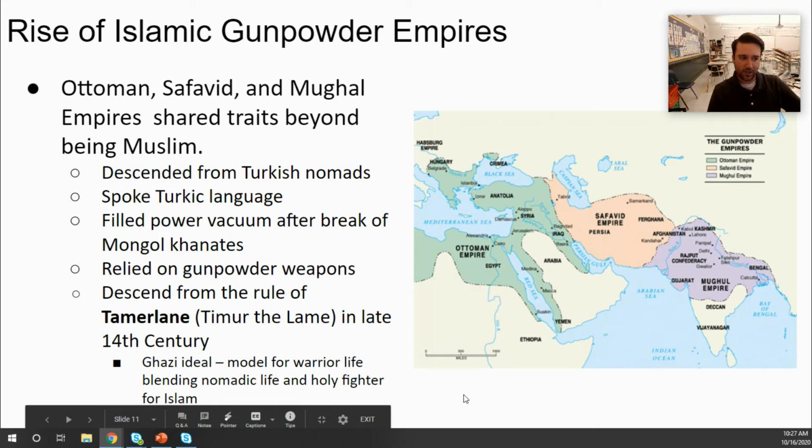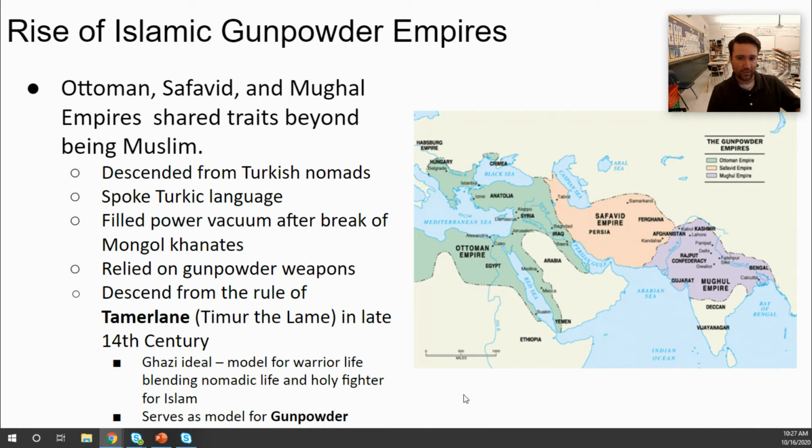A lot of these three empires also derive from those Mongol and Turco-Mongol belief systems, where they model the idea of the warrior lifestyle and nomadic living, while at the same time being holy fighters for Islam.